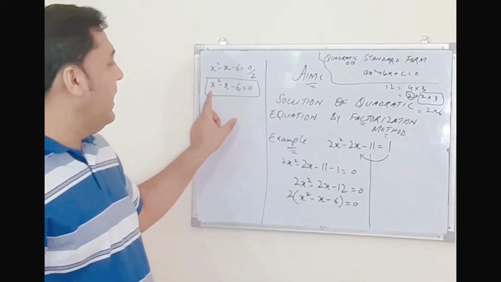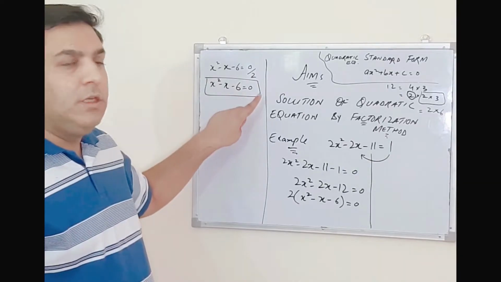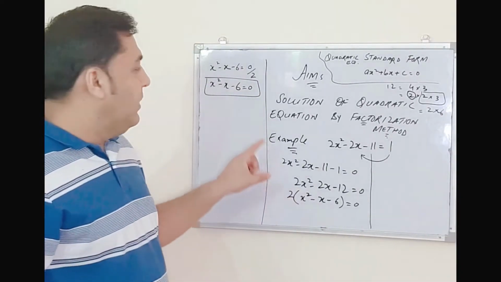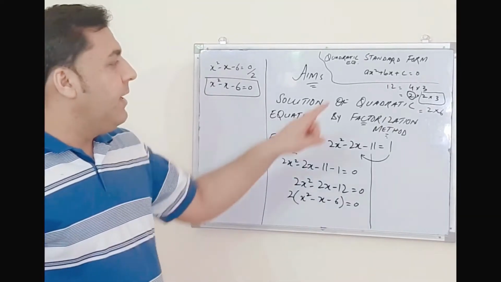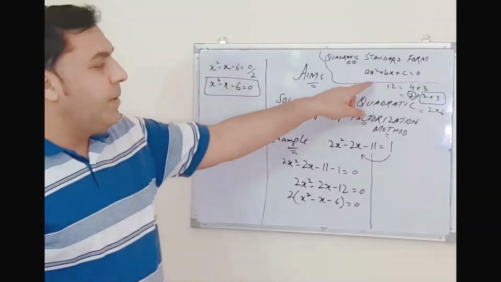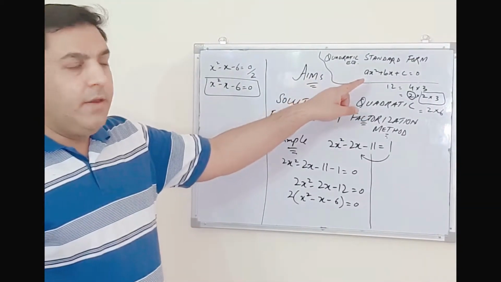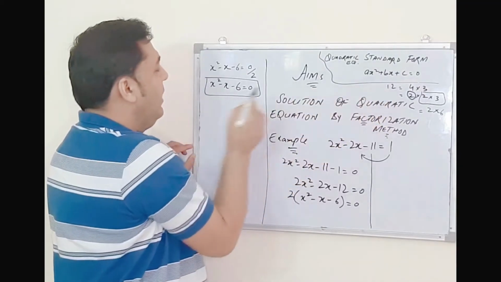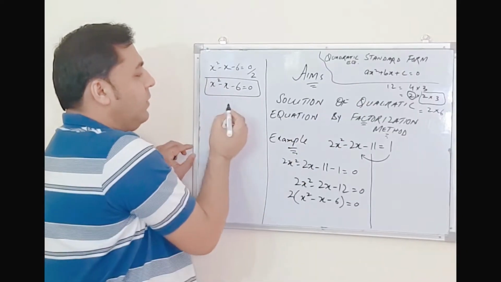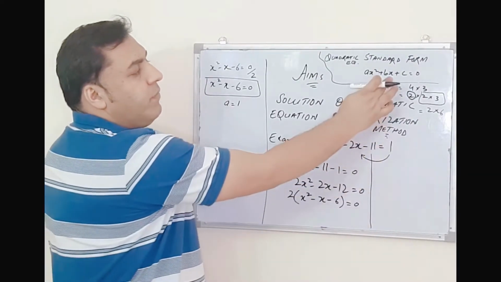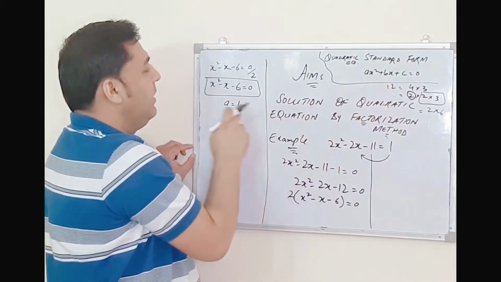Now see, this is the standard quadratic equation form. 0 is on the right hand side, ax square plus bx plus c equal to 0. Next step is we will identify a, b and c. If I compare it with the standard form, the coefficient of x square is a. Here the coefficient of x square is 1. So a is equal to 1. Here the coefficient of x is b.